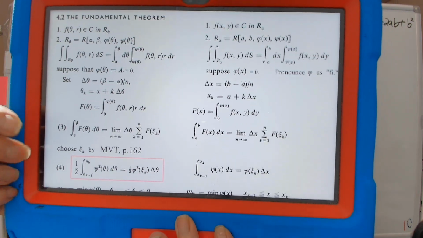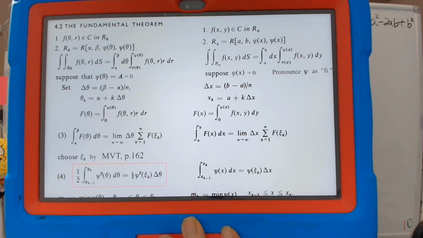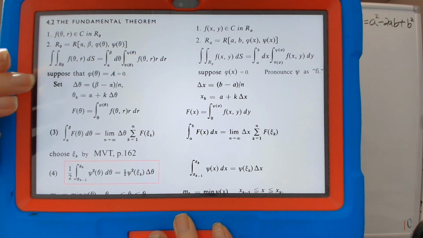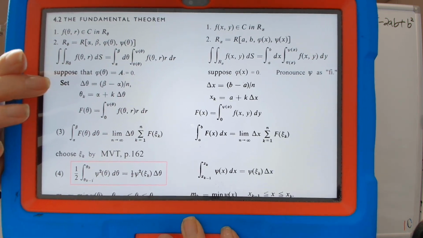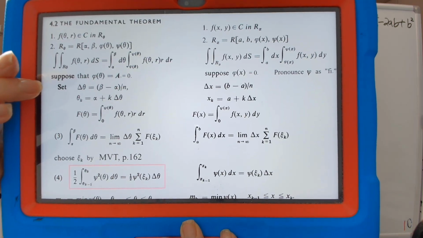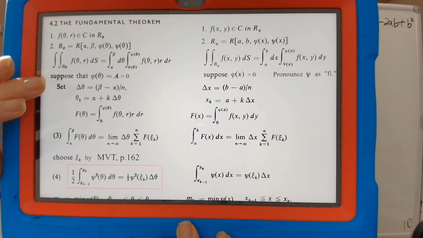This is the one we're doing right now, and on the other side, that's the old one for reference. So we are right here, okay? First, we're going to set delta theta equals beta minus alpha divided by n. Just like on the other side, delta x is b minus a over n.